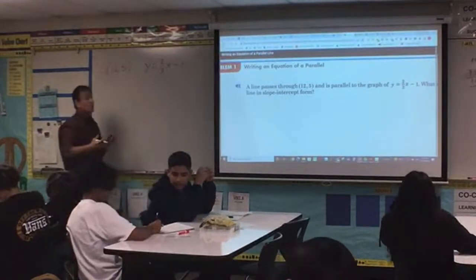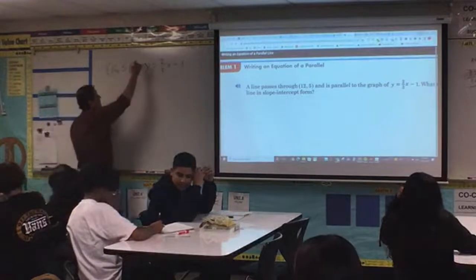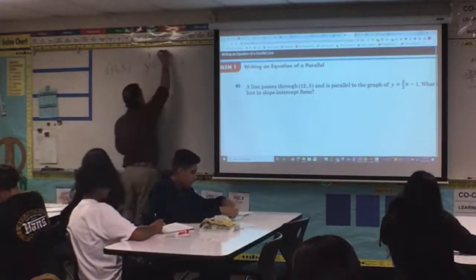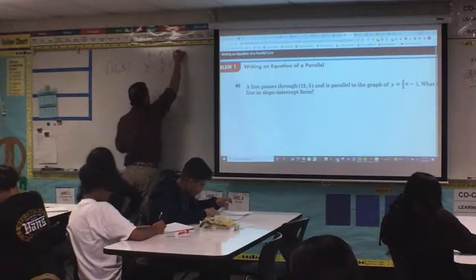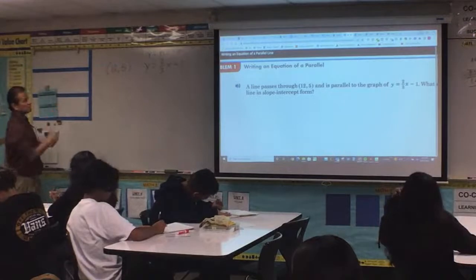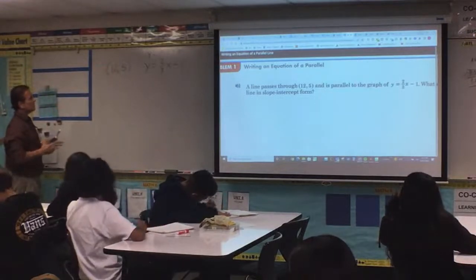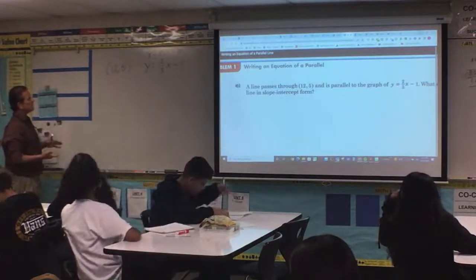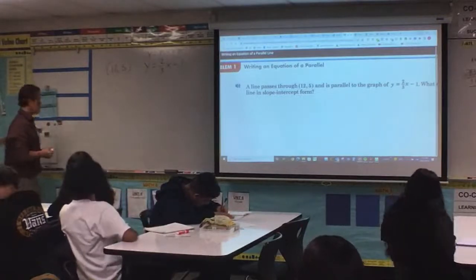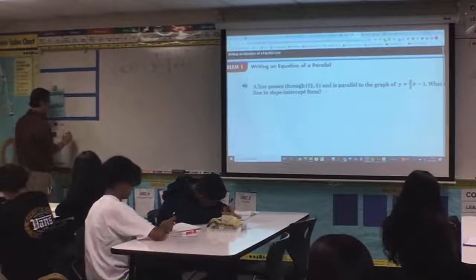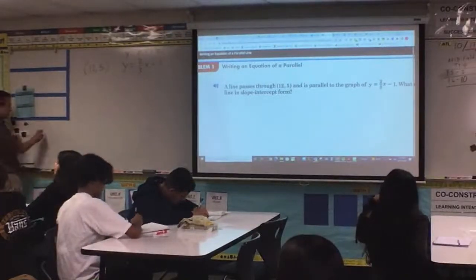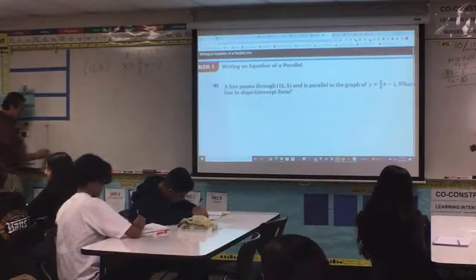Now, before we go any further, we should remind ourselves that this is in slope-intercept form. y = mx + b, because that's what they want. So now, they want us to calculate and figure out what this line would be like. Before we go any further, let's review from last year quickly what this would look like.